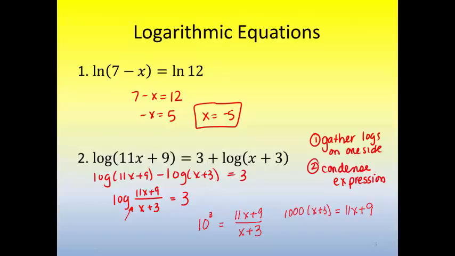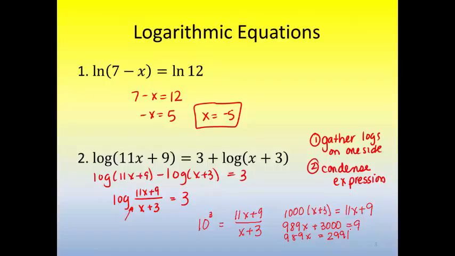So as you can see, when we finish and solve this, we're going to end up with a very small x value. I will have, let's see, 989x plus 3,000 equals 9. 989x equals 2,991.